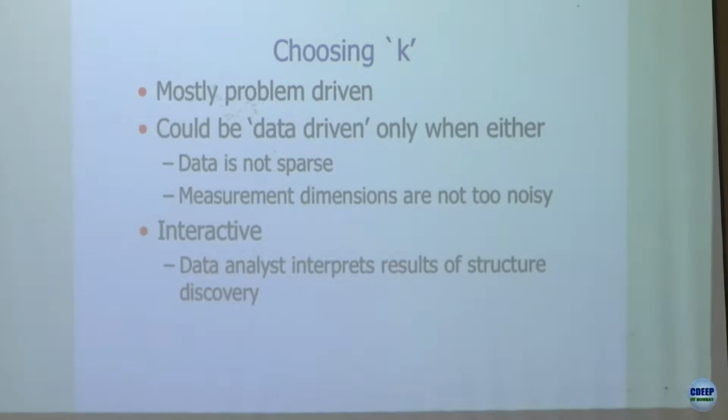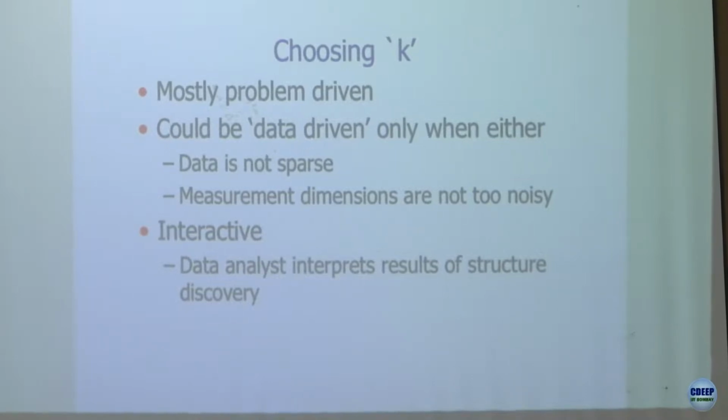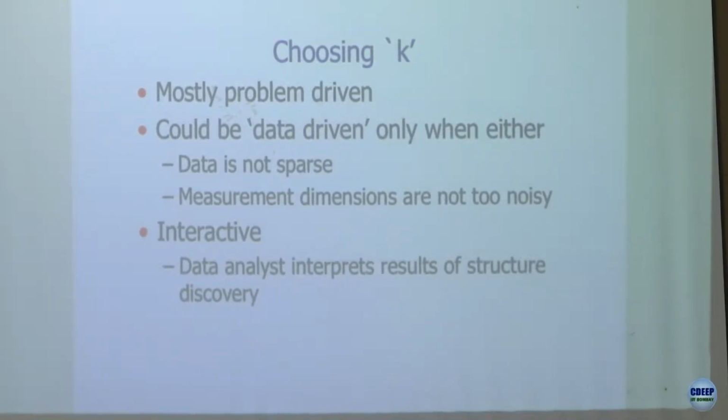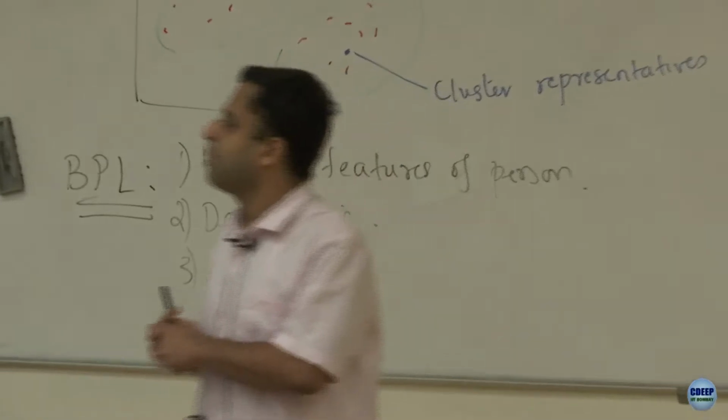And what should be the value of K? It is generally problem driven. It can be data driven only when data is not sparse, right? Generally it should be problem driven. As I said below, I know this is income data, I roughly know the number of clusters I expect.